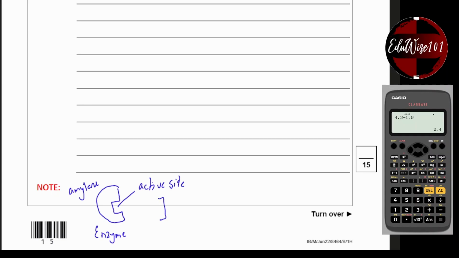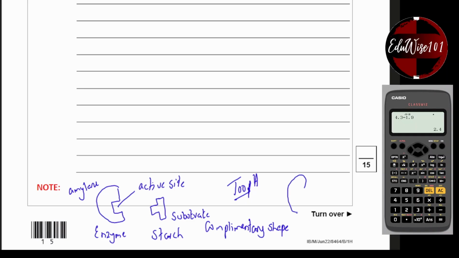And the substrate will have the complementary shape, which is the starch, as a complementary or the opposite shape. Now, if the pH increases, too much pH, or the pH changes, then the active site is destroyed.